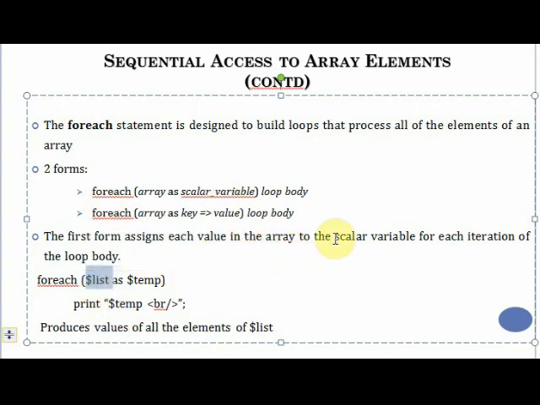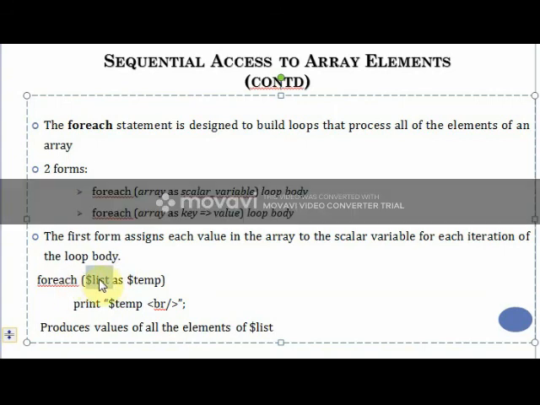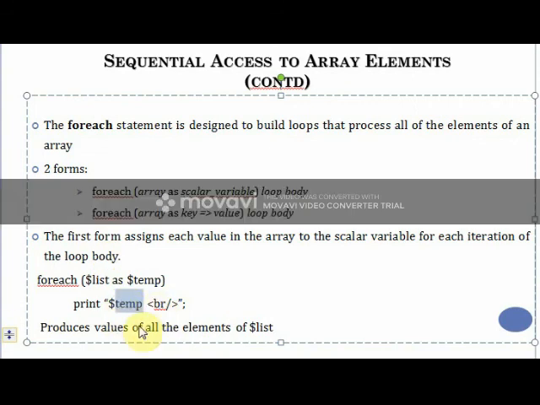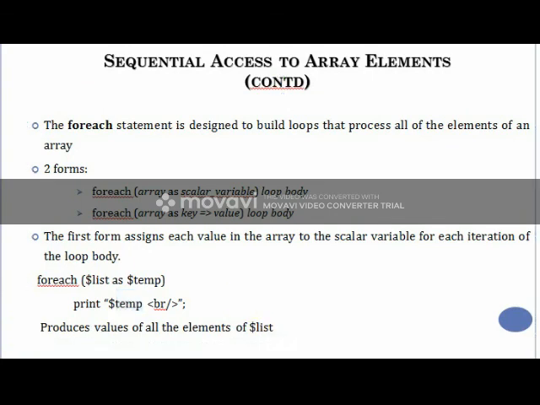It assigns each value of the array to the scalar variable for each iteration of the loop. So list of 0 has the value 10, so 10 will be printed. Again, list of 1 has 20, so 20 will be printed. Then 30. Like this, it produces all values of the elements of list, that is your array.